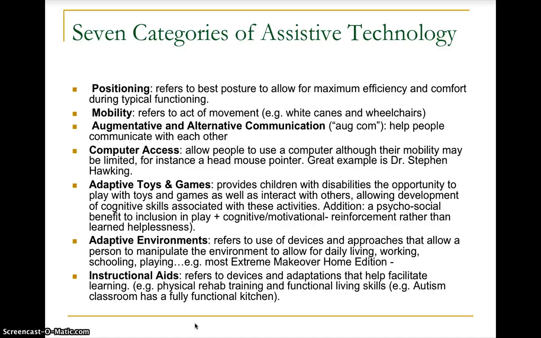Computer access, this allows people to be able to use computers because there are a lot of computer-based technologies that help people adapt to their environments. So for instance, if you look at Dr. Hawking, who's a really great figure when we talk about assistive technology and marrying devices together to allow accessibility.